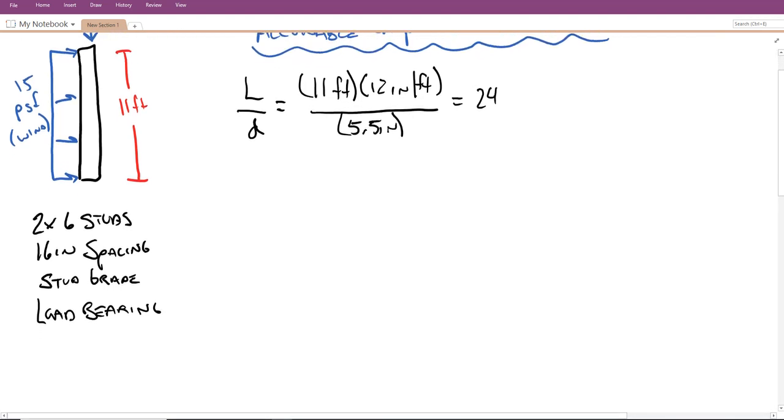Next, we want to calculate Euler's critical buckling stress. So F sub CE is equal to K sub CE times the modulus of elasticity all over L over D squared. K sub CE, you'll recall for sawn lumber, is 0.3. I think it's 0.418 if it's glulam, but we're using 0.3. I think this comes from page 477 in the textbook. Don't quote me on that page, but you can refer back to it as needed.